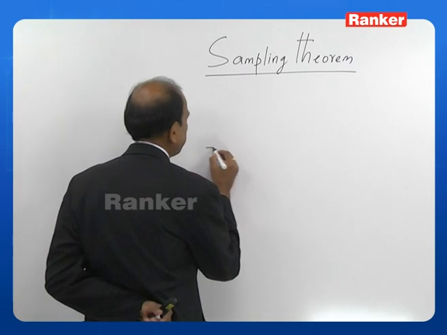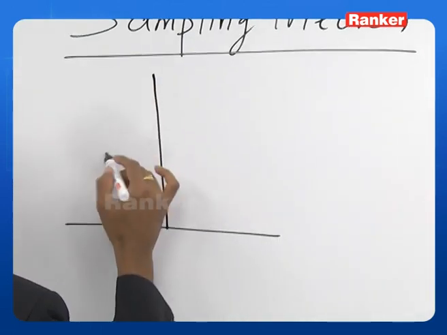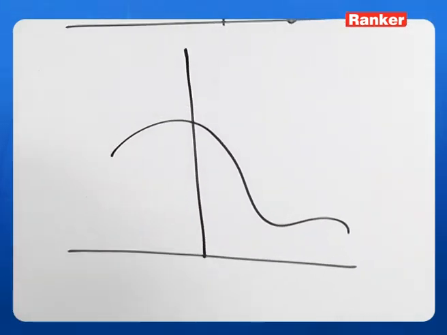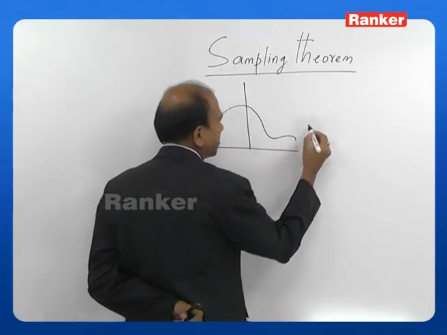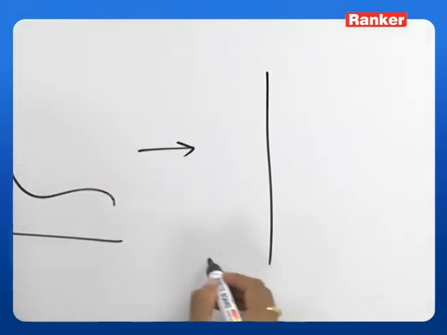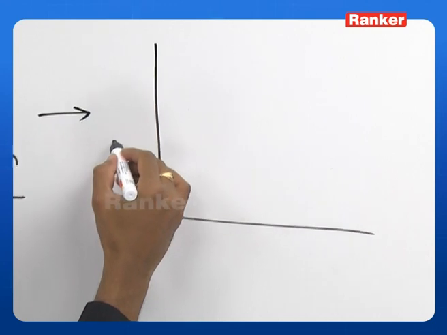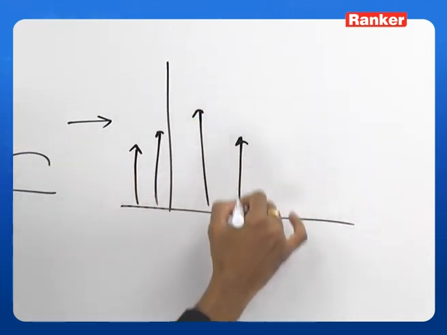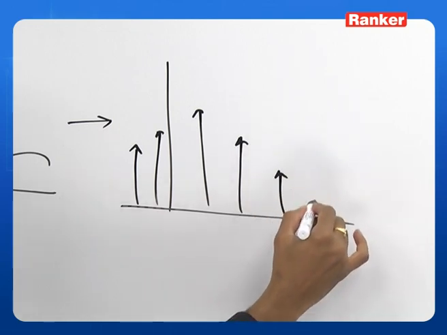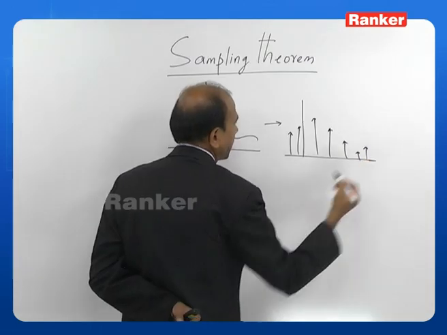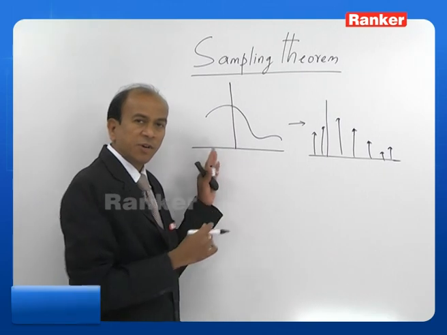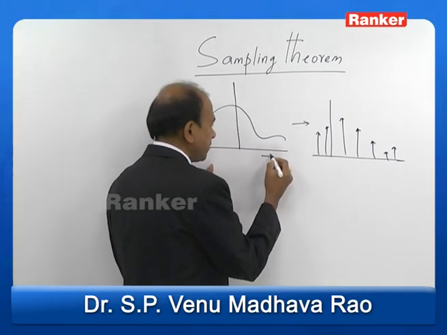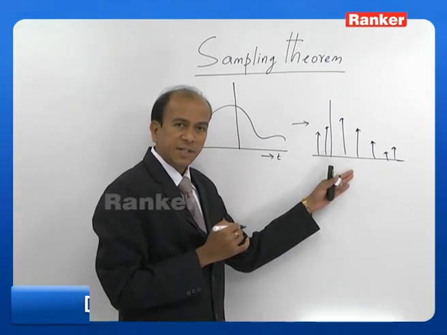So, let us say I have a continuous signal like this. So, this is a continuous time signal. I convert this into, let us say, some discrete signal. So, this is the conversion of a continuous time signal into a discrete time signal.